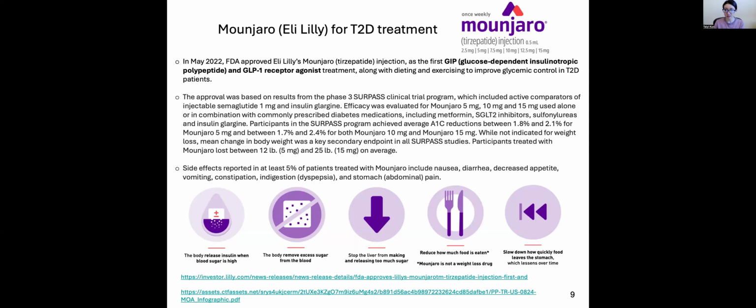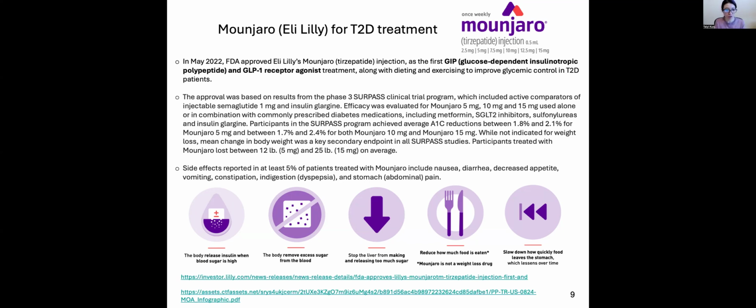Okay, so tirzepatide. As the first GIP and GLP-1 RA treatment. So GIP stands for glucose-dependent insulinotropic polypeptide. Along with dieting and exercising to improve glycemic control in type 2 diabetic patients.